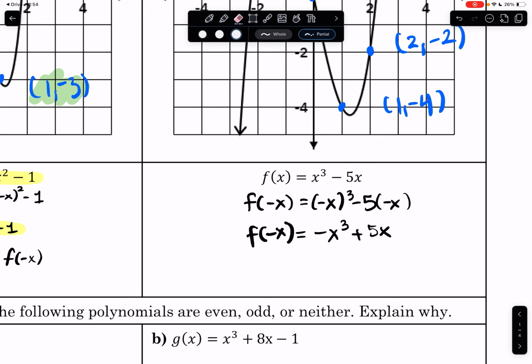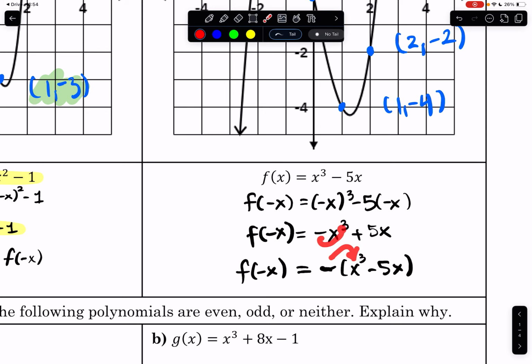So in relation to the equation up here, f of negative x is equal to the opposite of x to the third power minus 5x. Notice that if I multiply this with a negative, that gives me negative, and I multiply this negative with a negative, it becomes positive. And this is that right there.